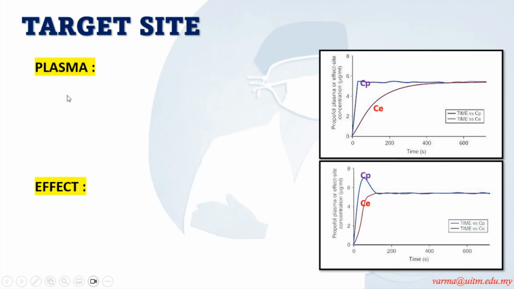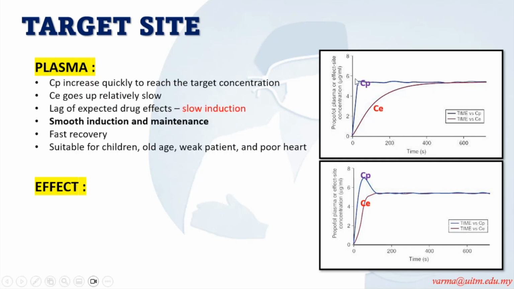Let's say we are choosing a pharmacokinetic model that targets plasma as the target site. Okay, so what happens is, you see CP means concentration in plasma, CE means concentration in effect site. Our effect site, let's say you are giving propofol, is the brain. So what we want to know is how fast the drug reaches from the blood to the brain.